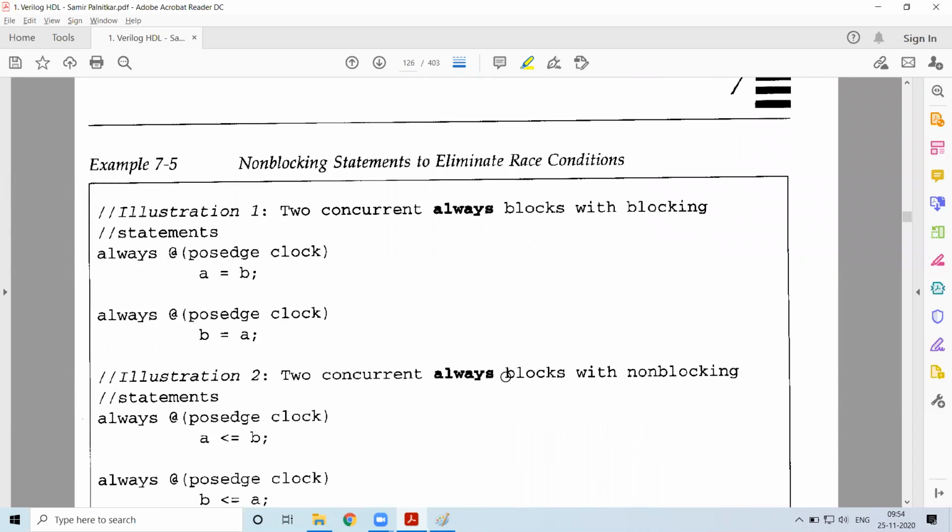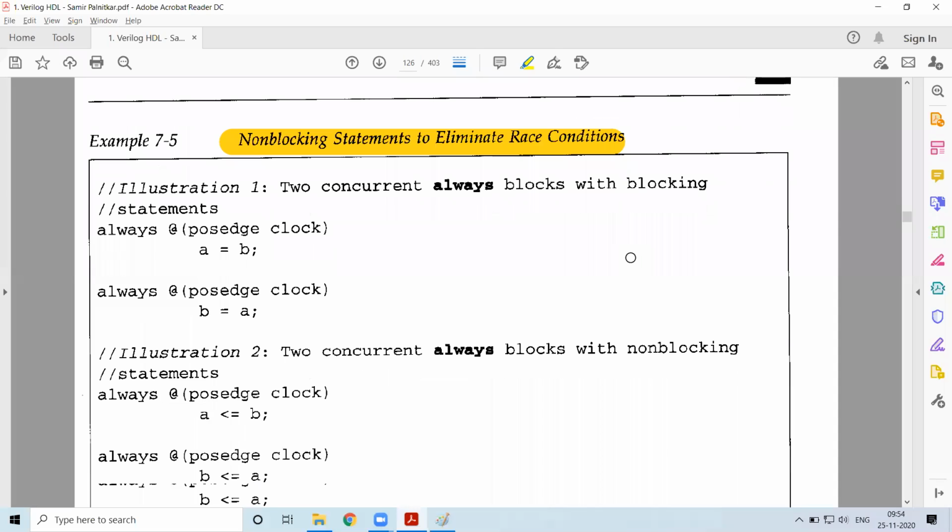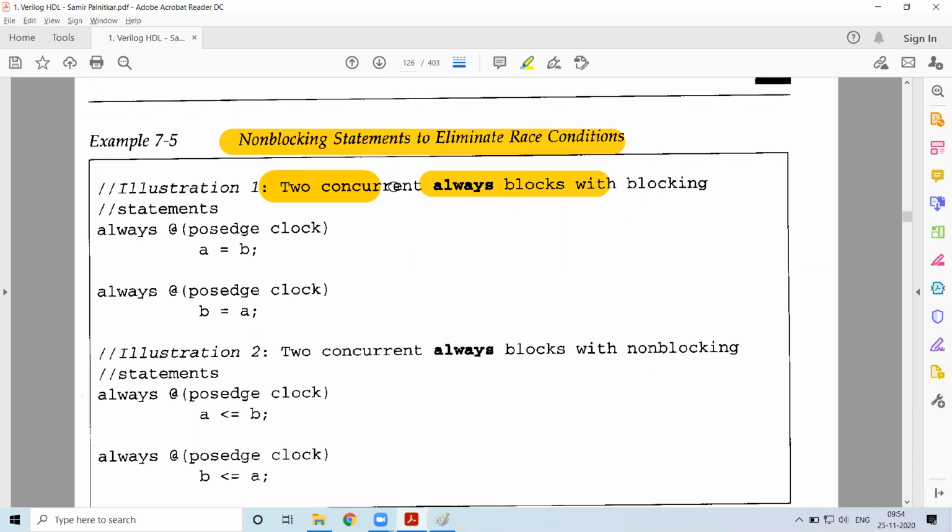We can see one example which actually generates something called race conditions. Now here, what is happening is you are considering an always block, and you are considering two concurrent ones of them, that is two separate blocks.